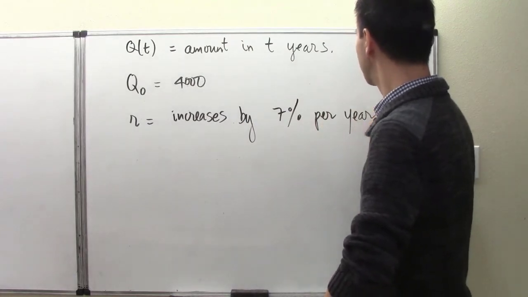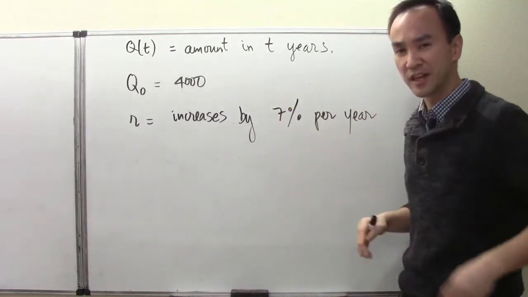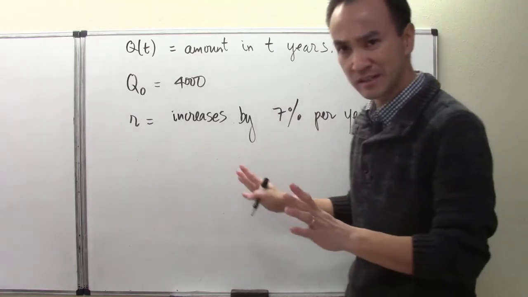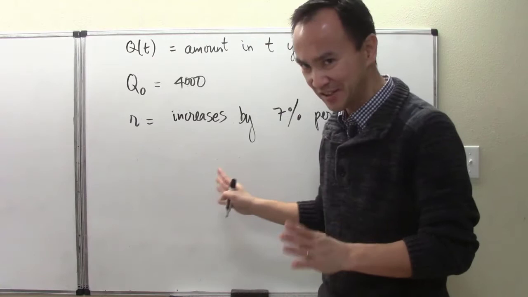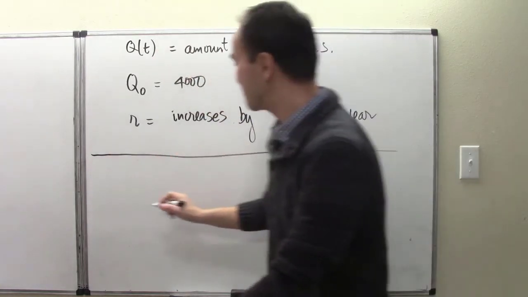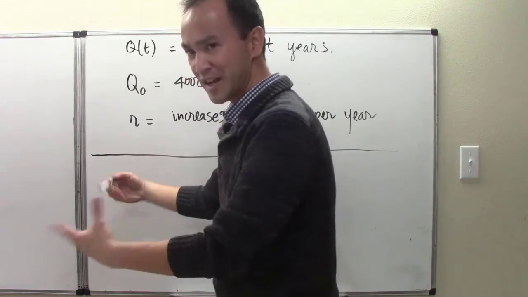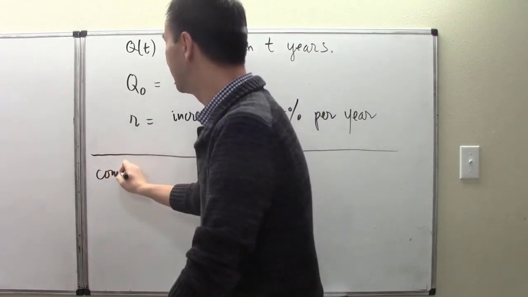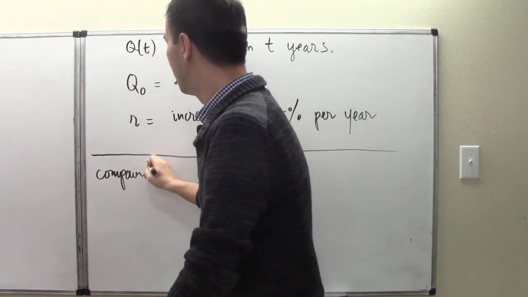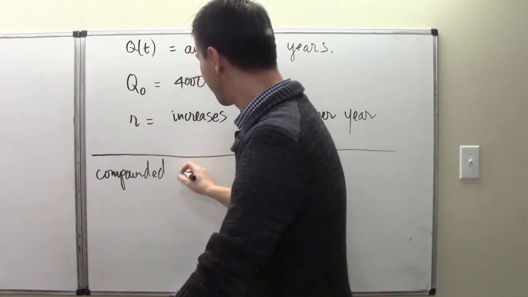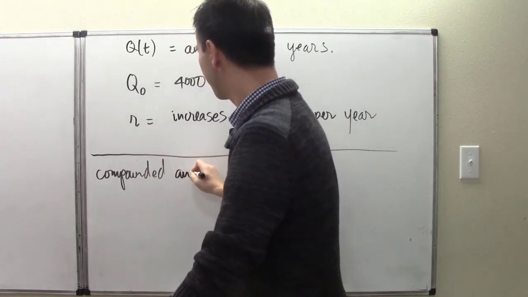Sometimes we refer to that as 7% annually. So we have that rate, and that's why these are the equations that we have seen right here. The most natural one was when the interest was compounded annually.